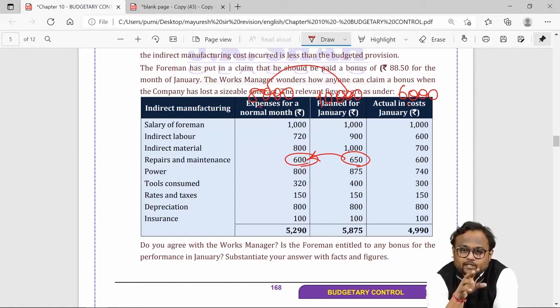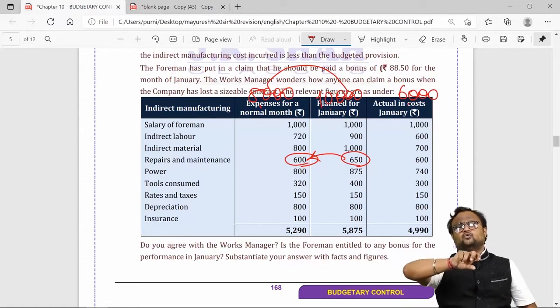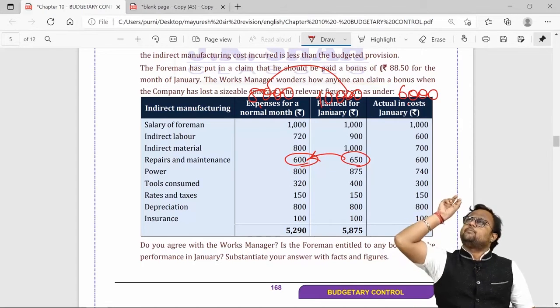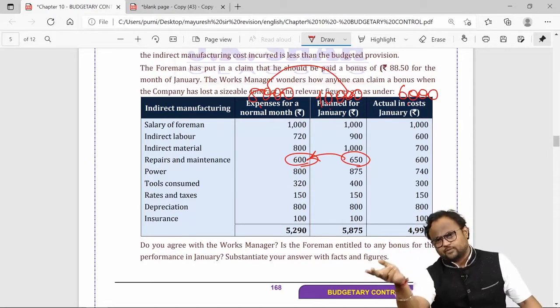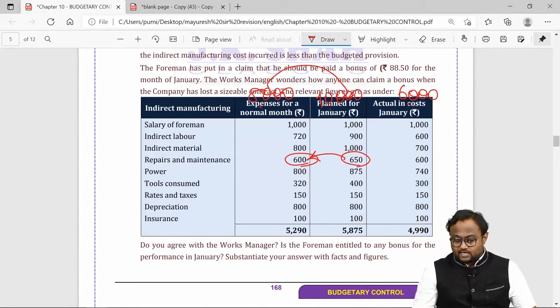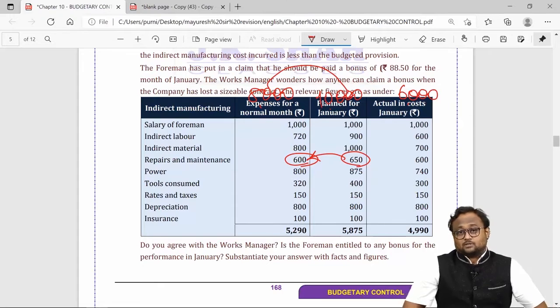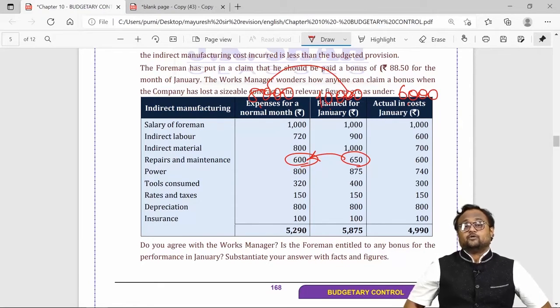For fixed cost, don't do anything, pick up the figure and write it down because there is no change. And for semi-variable cost, for the variable portion, you take the CPU multiplied by 6000 and fixed will be carried forward anyhow. And you will be able to get the difference. And you will realize that there is no saving. In fact, there is an excess cost incurred. So there is no increment or bonus to be given to the foreman.